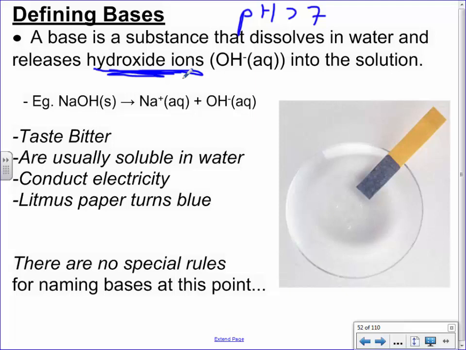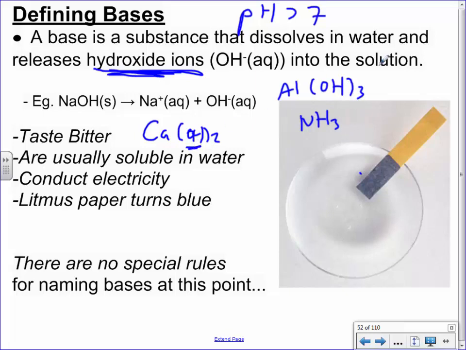Again, this is actually not a hard and fast rule because there are always exceptions. But if I gave you, say, Ca(OH)2, that's a base. If I give you Al(OH)3, that's a base. NH3 is actually a base as well, though. This is where I'm going to have to show you some basic rules, and we'll get to the exceptions later.